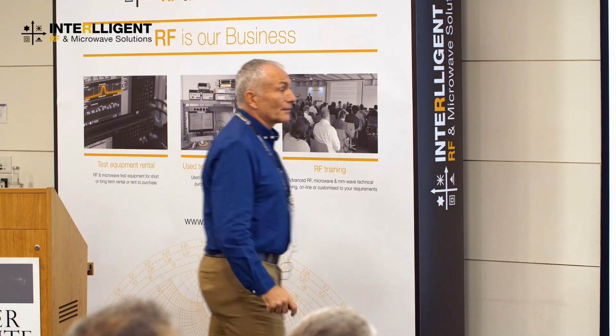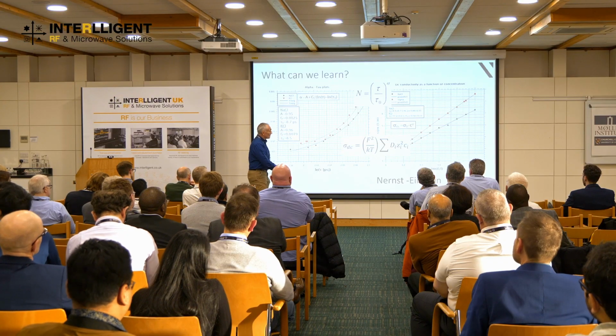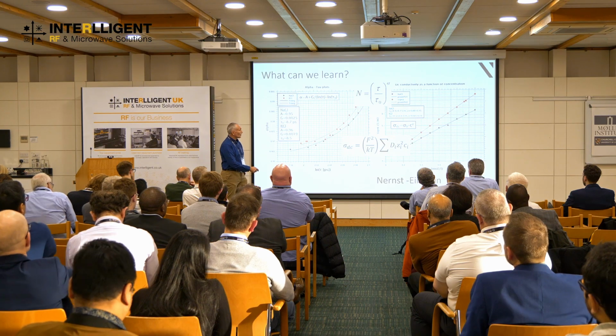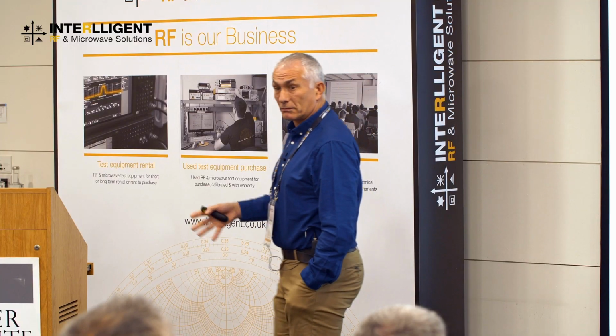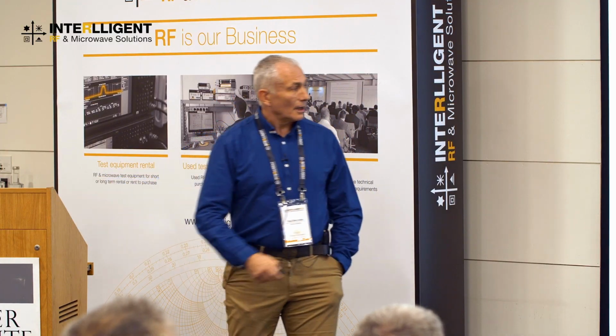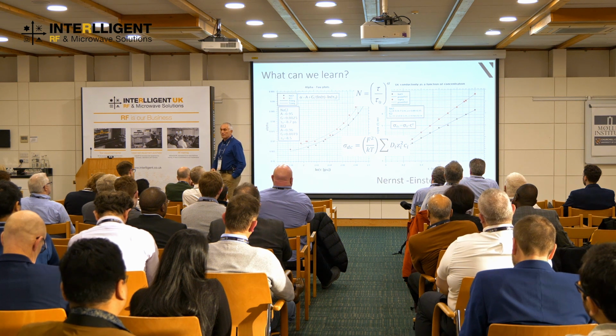Well, DC conductivity is in fact related by the Nernst-Einstein equation to the diffusion coefficient, how fast these things can move through water, the charge obviously, and the concentration. Well, the concentrations are the same here, but I made sure they were the same. But of course, the diffusion coefficient for these two ions is very, very different.